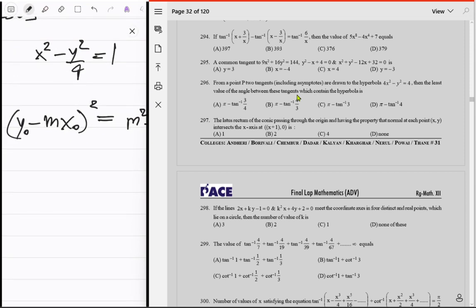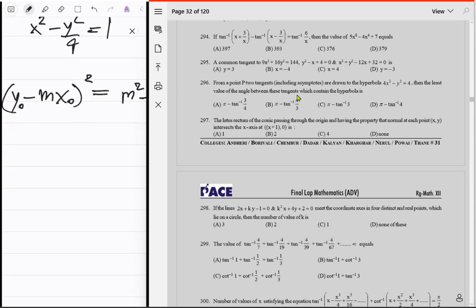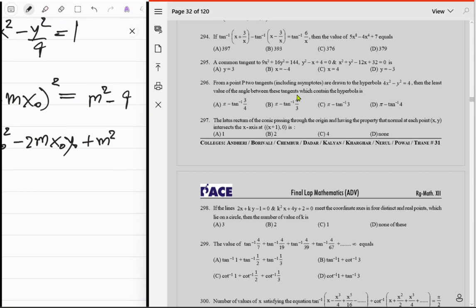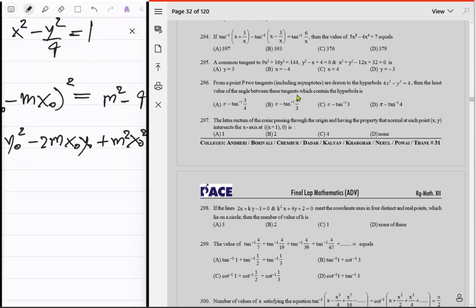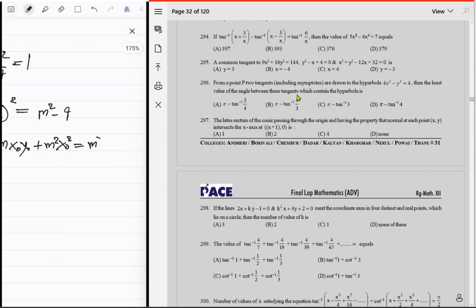So yeah, things like what and then y not x not, like these are actually independent, right? So like y not का square minus 2m x not y not plus m squared x not squared is equal to हाँ ठीक है ना वो, you get the thing, just m squared minus 4.